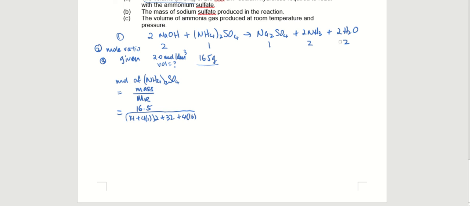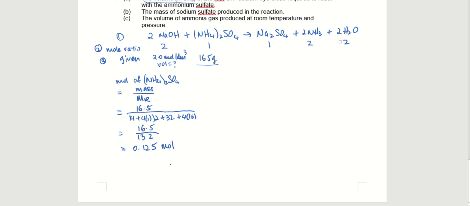So that will give us the Mr of ammonium sulfate. Okay, so this will give us 16.5 divided by 132, and this will give us the number of moles to be 0.125 mole. Okay, so we know that 0.125 mole of ammonium sulfate reacted in this reaction.